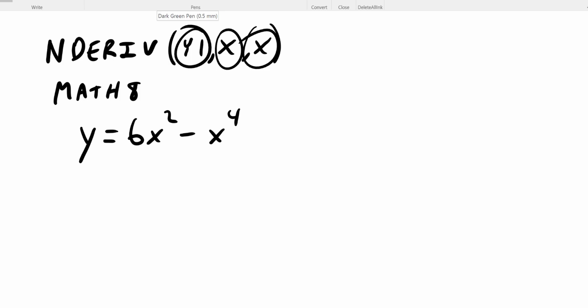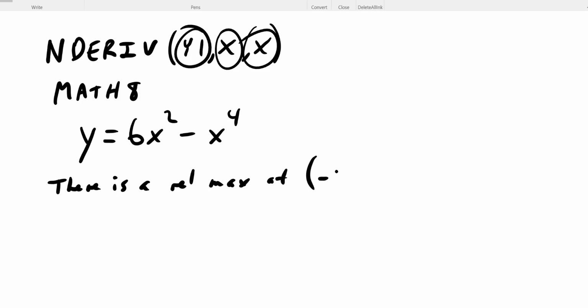I want you guys to understand that I'm still going to say our official words: there is a relative max at, and if I ask you for the coordinate, which we did, it was going to be negative 1.73 comma 9. That was our number.